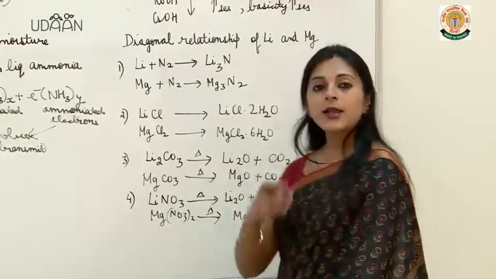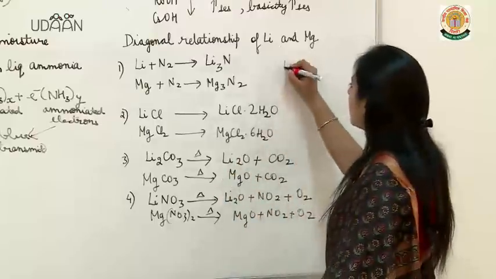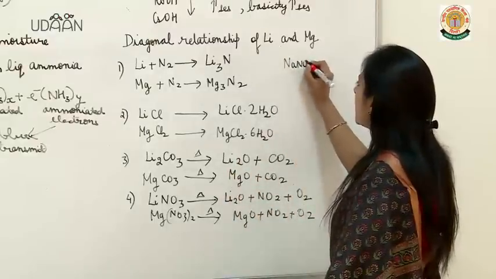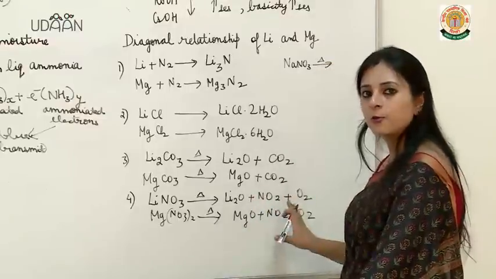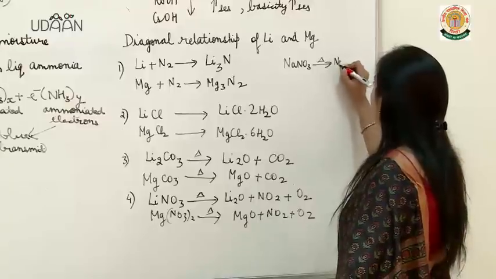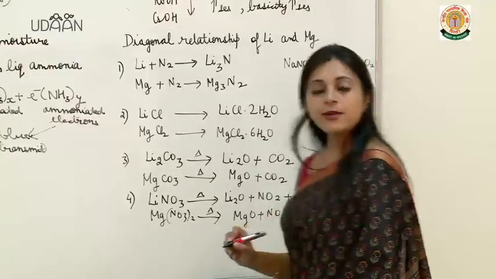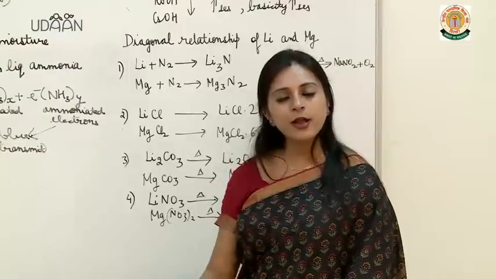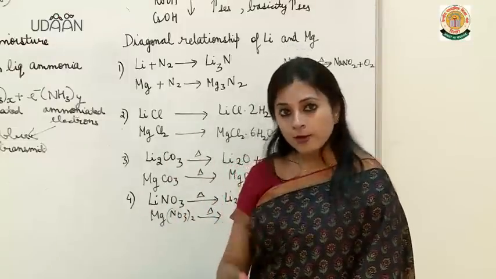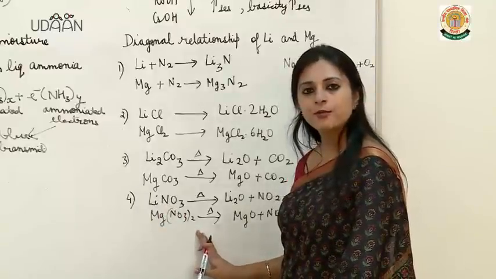Unlike other alkali metals, if I heat sodium nitrate, what will happen? When I heat sodium nitrate, I will not get oxide and NO2. I will get NaNO2 and O2. So that means lithium, being the first element, shows anomalous behavior, and lithium also shows diagonal relationship with magnesium.